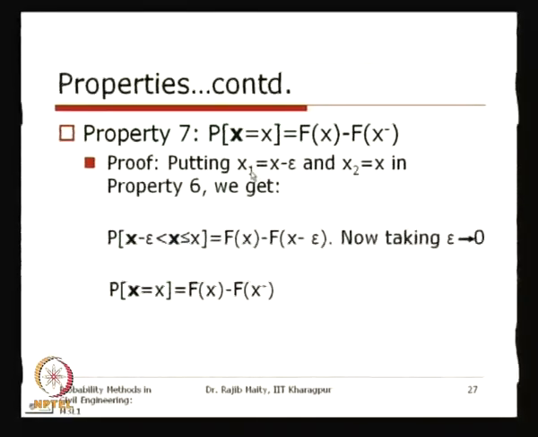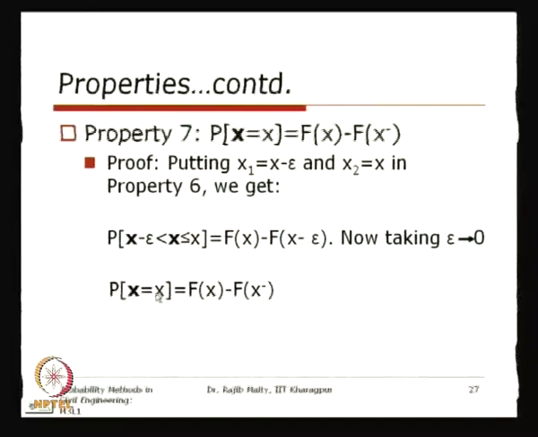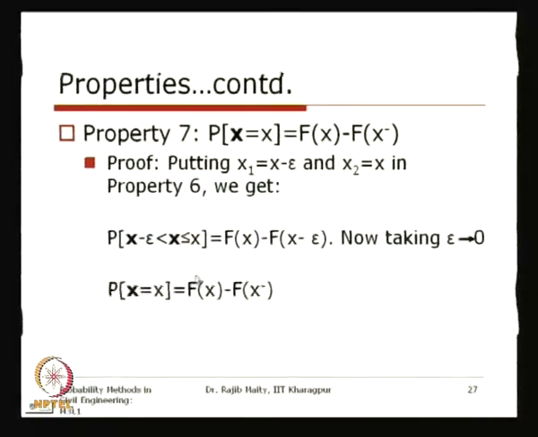Proof: putting x1 equal to x minus j and x2 equal to x in property 6, we can say that the probability of x minus j less than X less than or equal to x is equal to F(x) minus F(x minus j). Now, taking j tending to 0, the probability at a specific point is the probability at that point minus the immediately previous value.